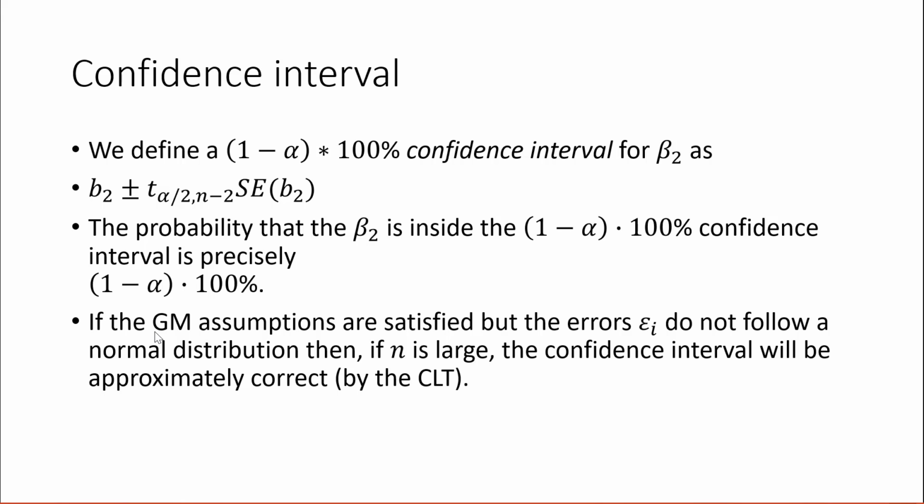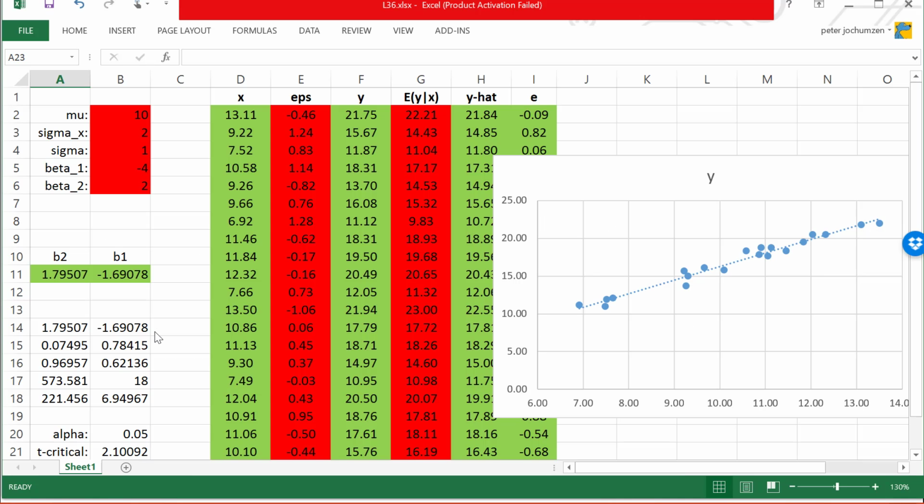So let's see this in action, how we can calculate confidence intervals. Here we have the same simulation that we considered for hypothesis testing. I am drawing the error terms from a normal distribution, and the exogeneity we can see here from the 0, and the homoscedastic errors we can see here that all the variances are the same.